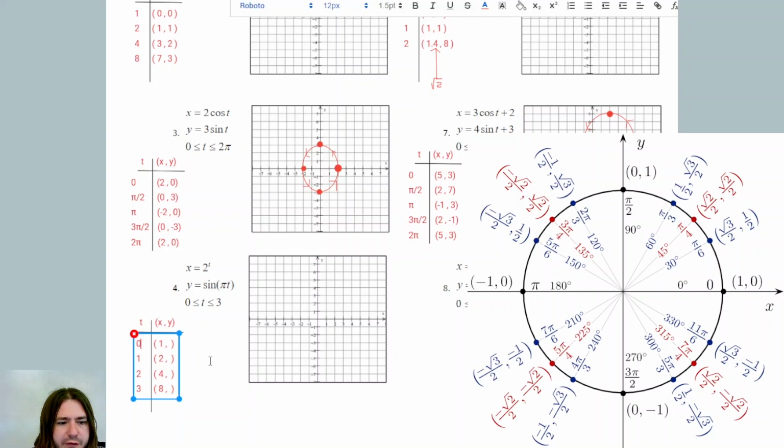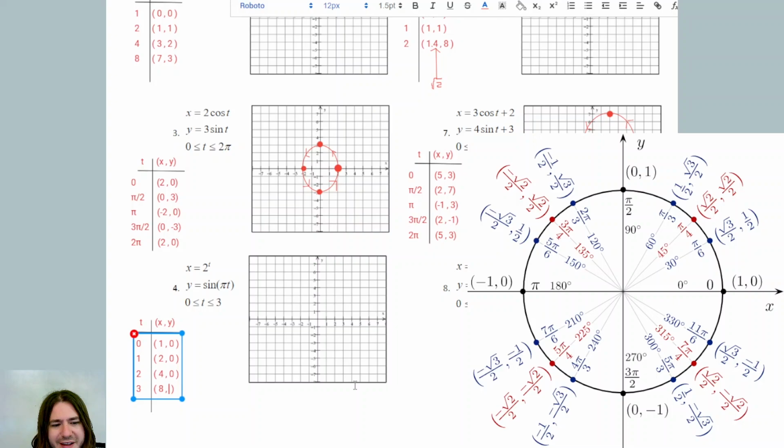Sine of 0 is going to be 0. I still have that up there? Yes. Sine of 0 is going to be 0, and yeah, that's it. So sine of pi, 1 pi, will be 0. Sine of 2 pi is 0. Sine of 3 pi is 0. So we just get 0 down the line.